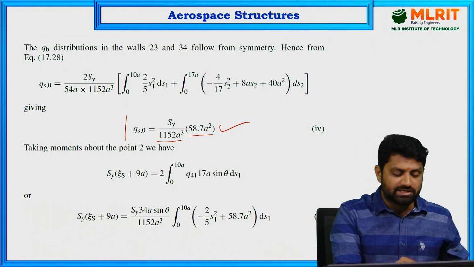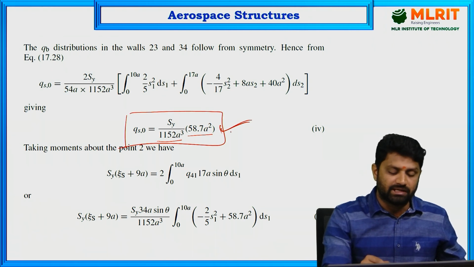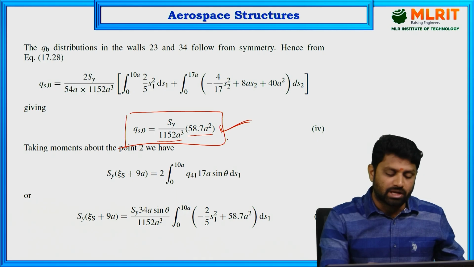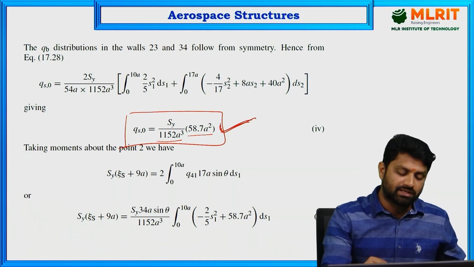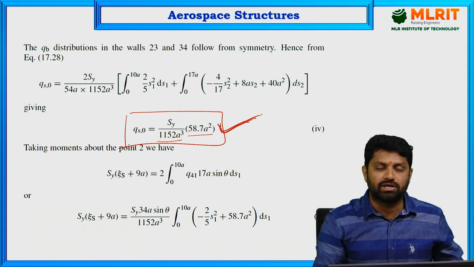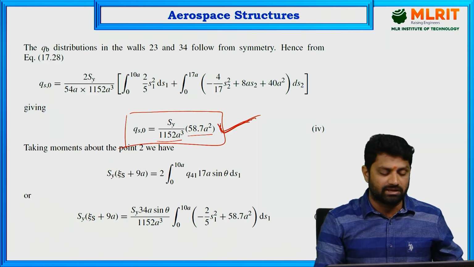So this is the additional constant shear flow. If the cut is not made, this would have been present in the analysis. First we assumed that we made a cut, now we calculated it from the formula Qs0 equals minus cyclic integral of QB ds divided by cyclic integral of ds.